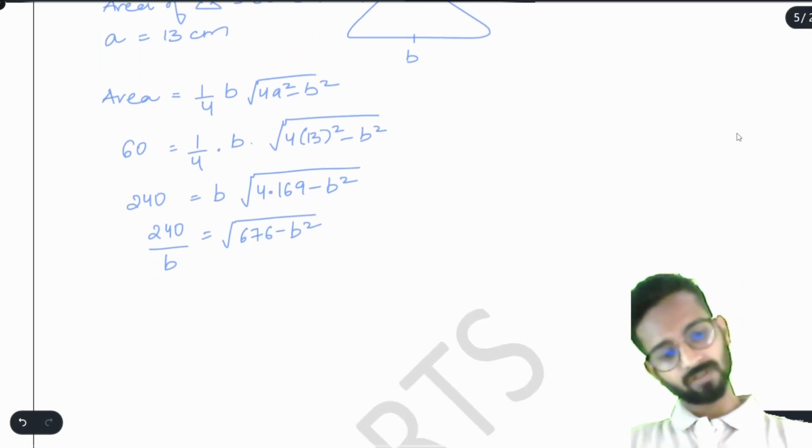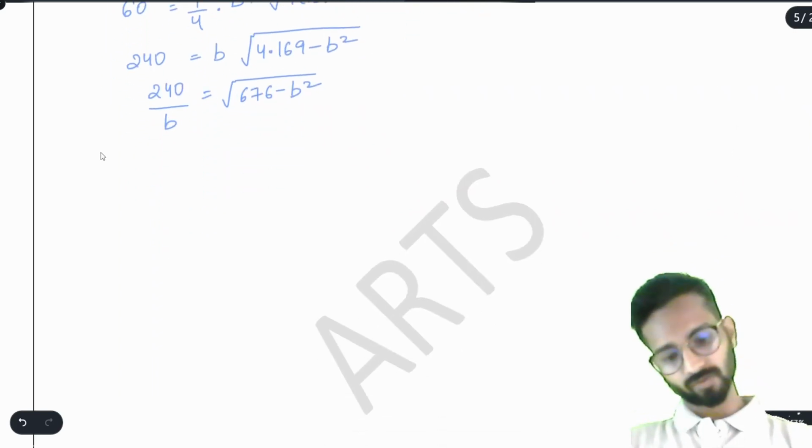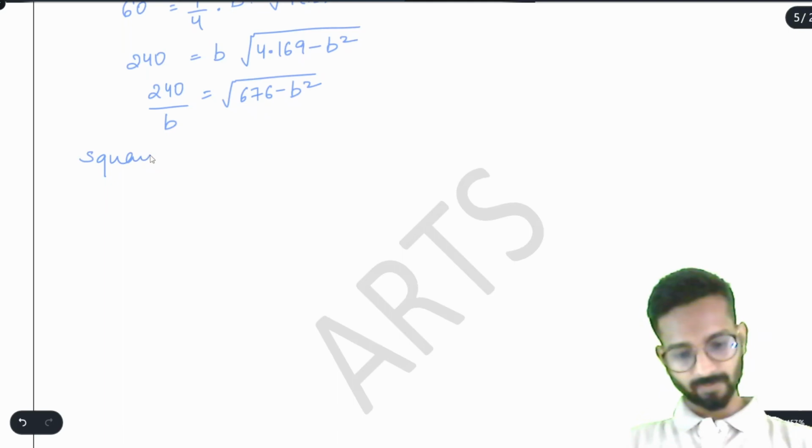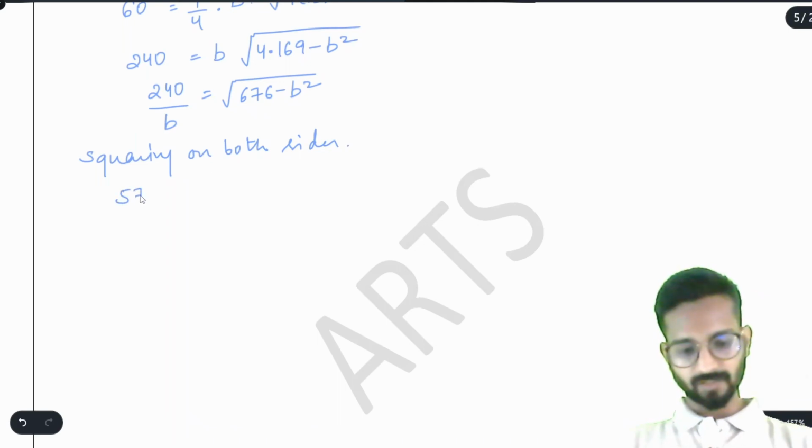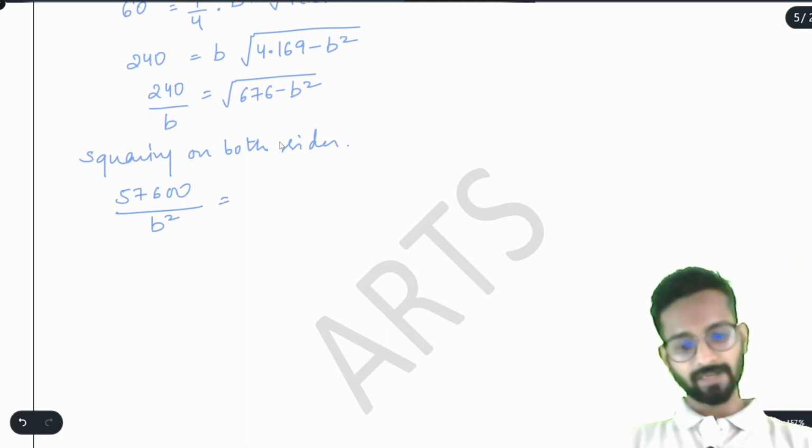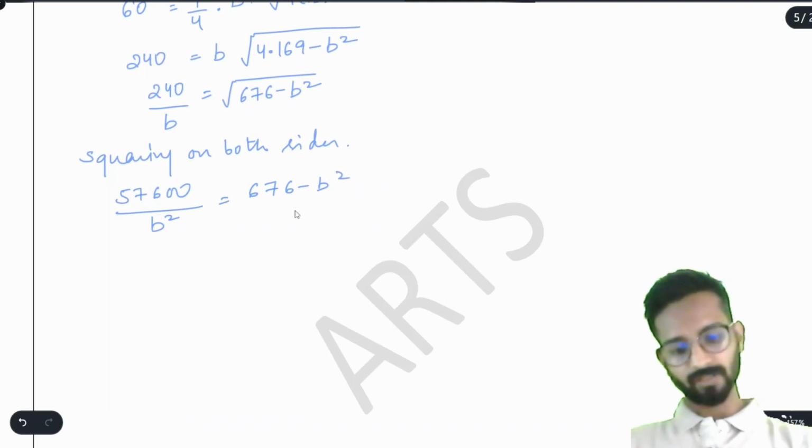We will just do square on both the sides. Squaring on both the sides, 240 square will be 57600, b will become b square, and here the square root will be removed, so 676 minus b square.